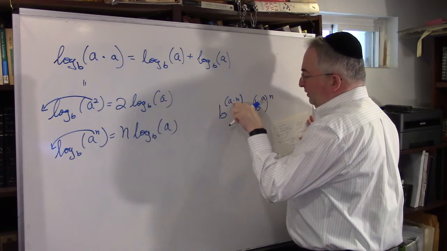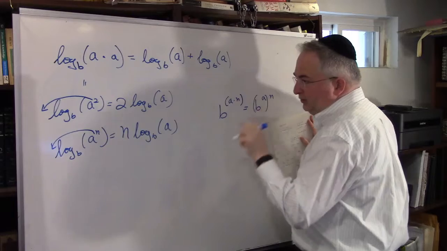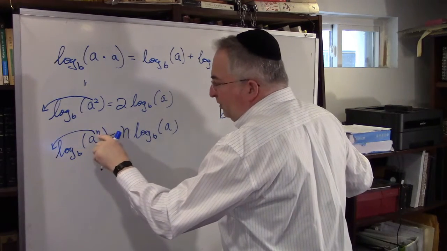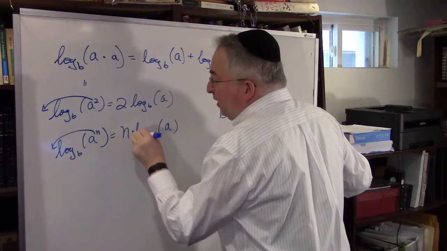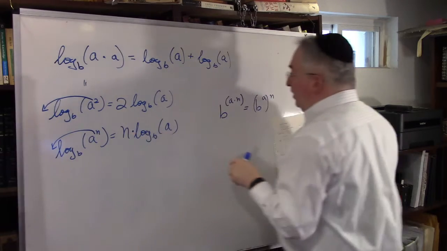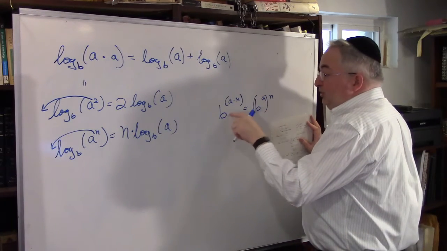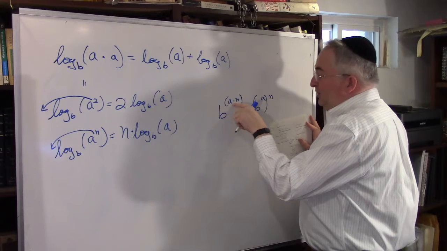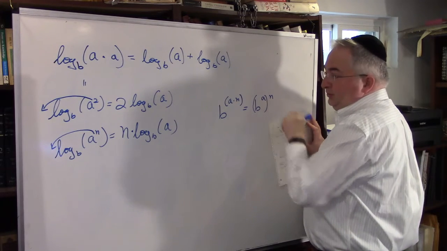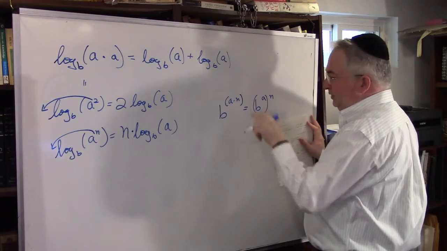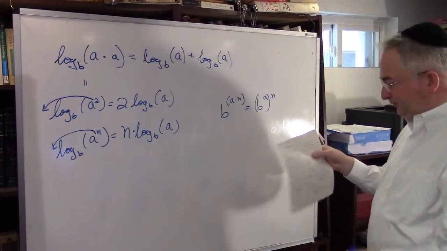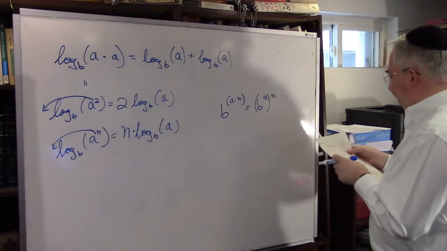Multiplying by n. Logarithms take exponentials and make them into things that you multiply with. Exponentials take things that you multiply with and make them into exponentials. So this all works out. Okay, great.